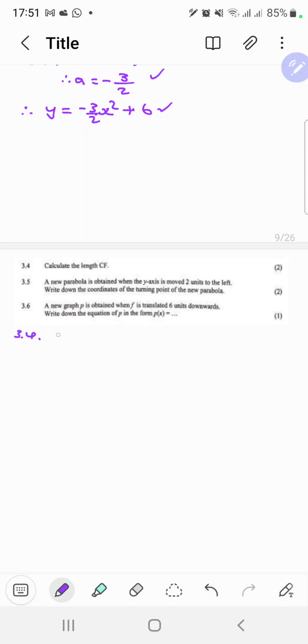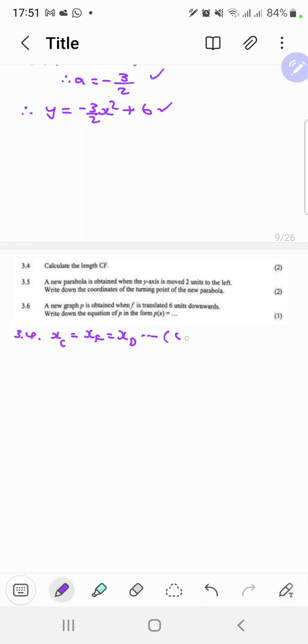3.4. We can say here the x-coordinate at C is equal to the x-coordinate at F, which is also equal to the x at D. Alright? Why are we saying that?